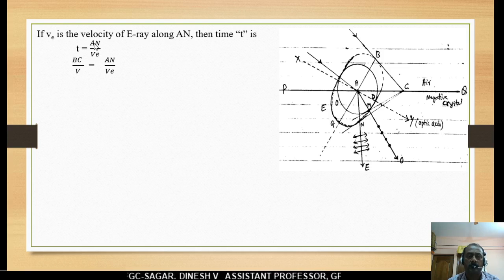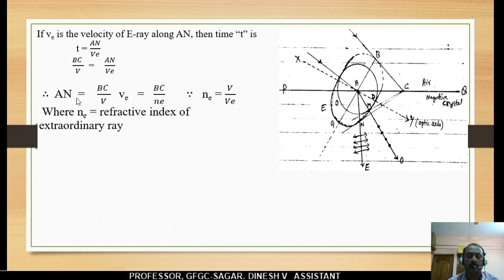From these two equations, AN by Ve equals BC by V. On further simplification, we get AN equals BC by V into Ve. This is equal to BC by Ne, because V by Ve is nothing but the refractive index of the extraordinary ray, that is the velocity of light in air to the velocity of the extraordinary ray along AN, where Ne is the refractive index of the extraordinary ray.